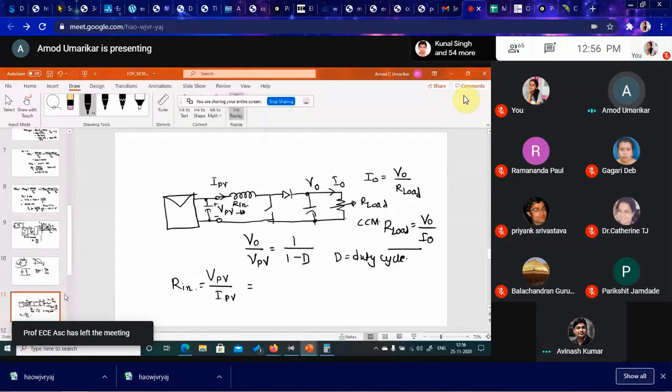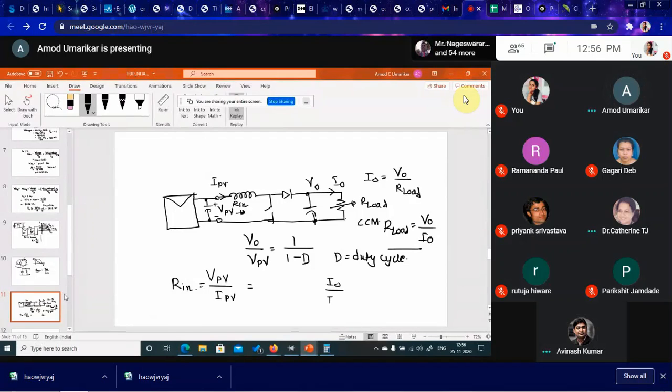Now, what is the relation between I0 and IPV? Again, 1 minus D. I0 is 1 minus D into IPV. So now substitute here.